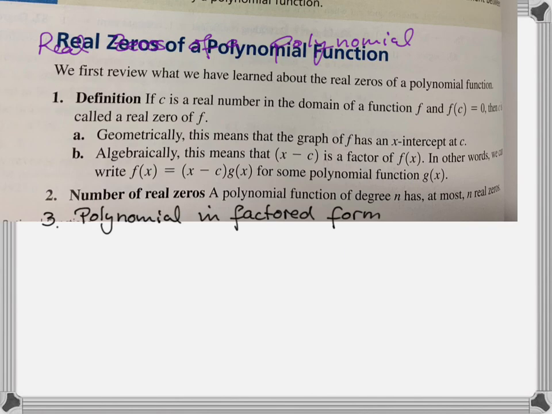Finding the zeros of polynomials in 3.4. Now again, the zeros are your x-intercepts. So if you have a 0, either by factoring or by synthetic division, then whatever that 0 is, your factor would be x minus that number.